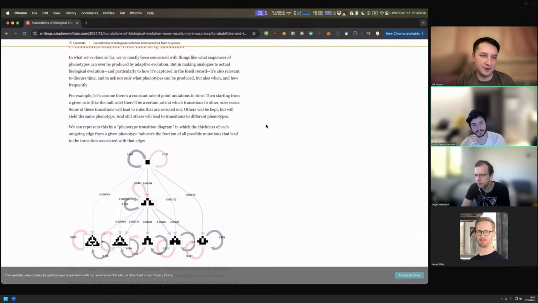Yeah. We're closing in on biology this time. So we did a little bit of physics, a little bit of mathematics. Now this graph analogy makes sense and can shed some light on both physics and mathematics.